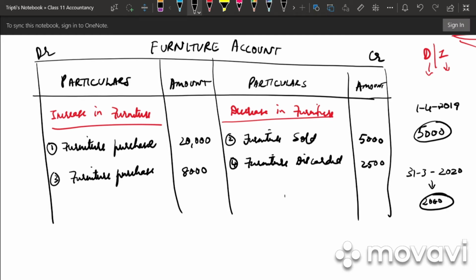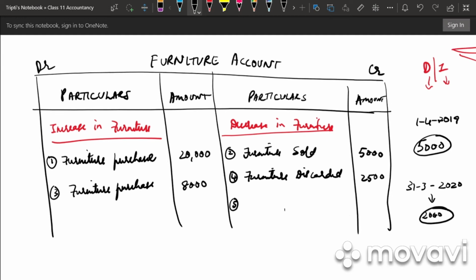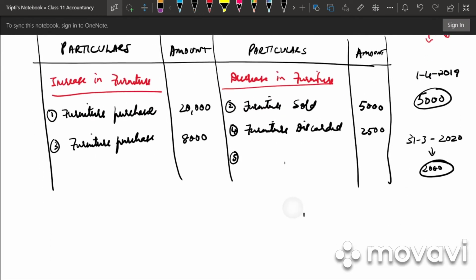I have already explained in the introduction what is depreciation, and we would be studying a separate chapter on depreciation. For now, you just remember when the value of furniture is reducing, it means there is a decrease in furniture. So it will be written on the credit side, that is reduction in value of furniture. What's the value? 2,000.